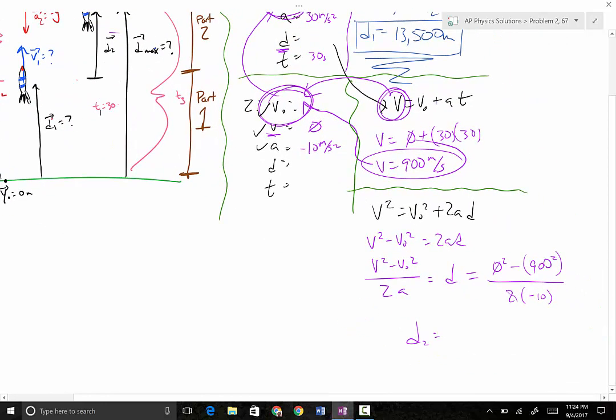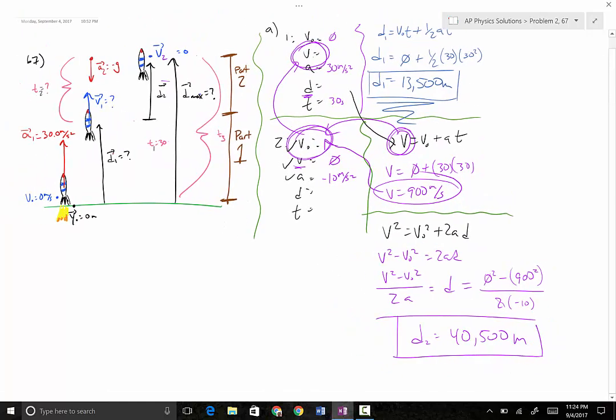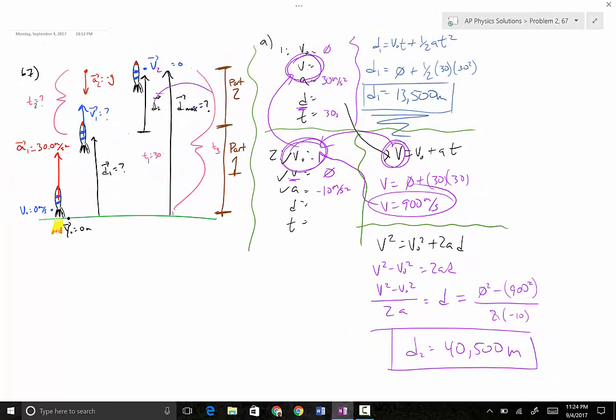Alright, let's calculate it. So D2 is -900 squared divided by -10 times 2, which ends up being 40,500. But now that I got all that, I'm looking for the total displacement, the total distance traveled by the rocket, which is D max.